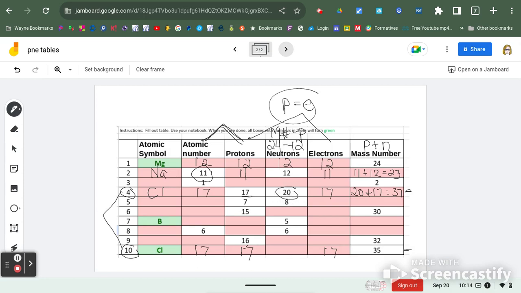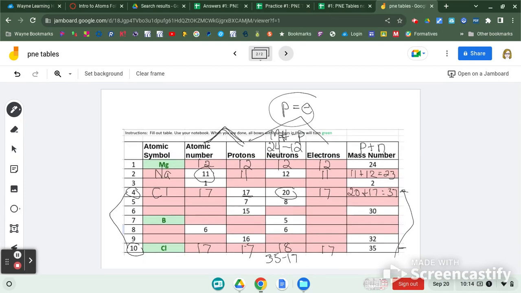This isotope of chlorine is going to be 35 minus 17, and that is 18. So it is possible to have two forms of chlorine with two different mass numbers and two different numbers of neutrons.